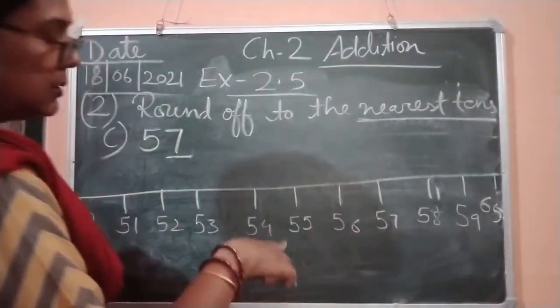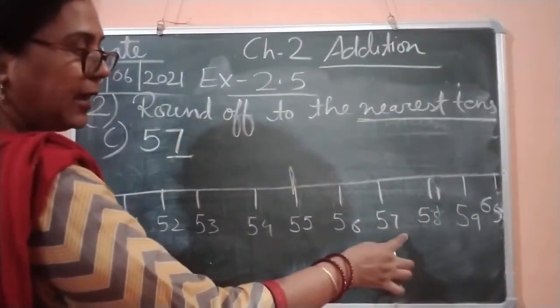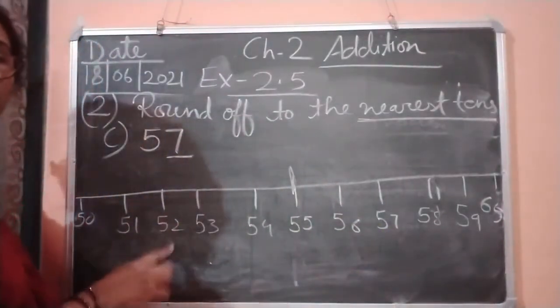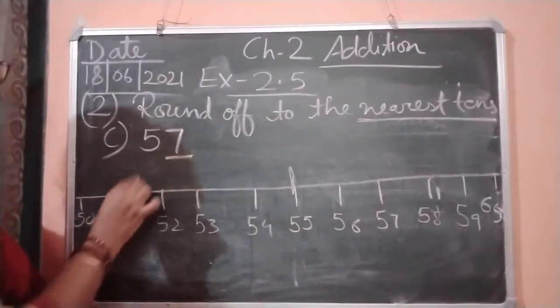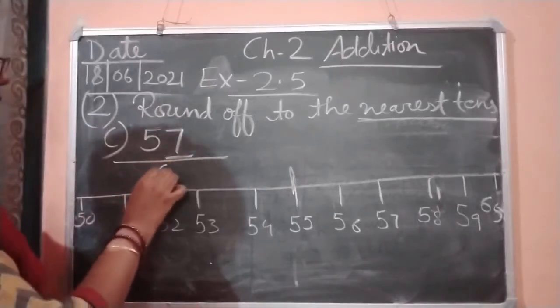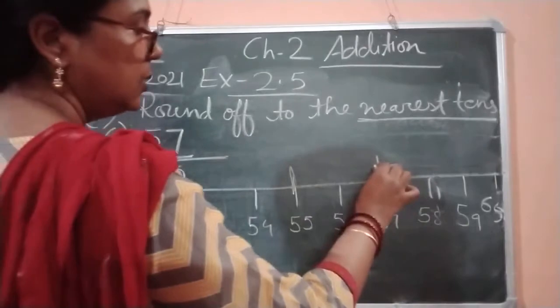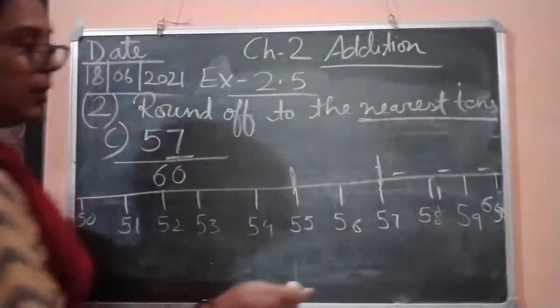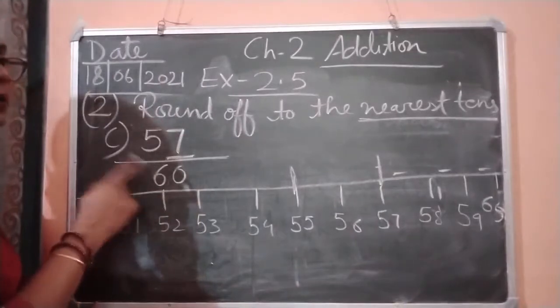This is more than 5, that is why we will round it off in tens, because this is a strong number. So we will round off this number to 60, because this is near 60.